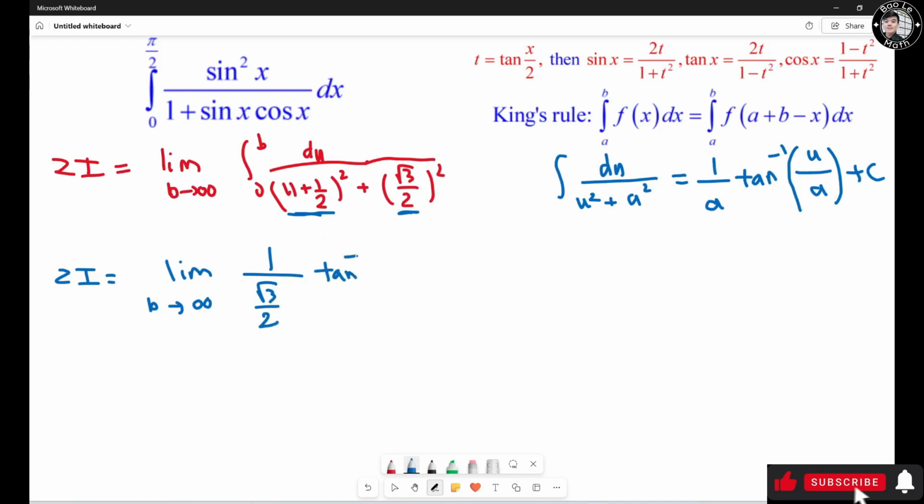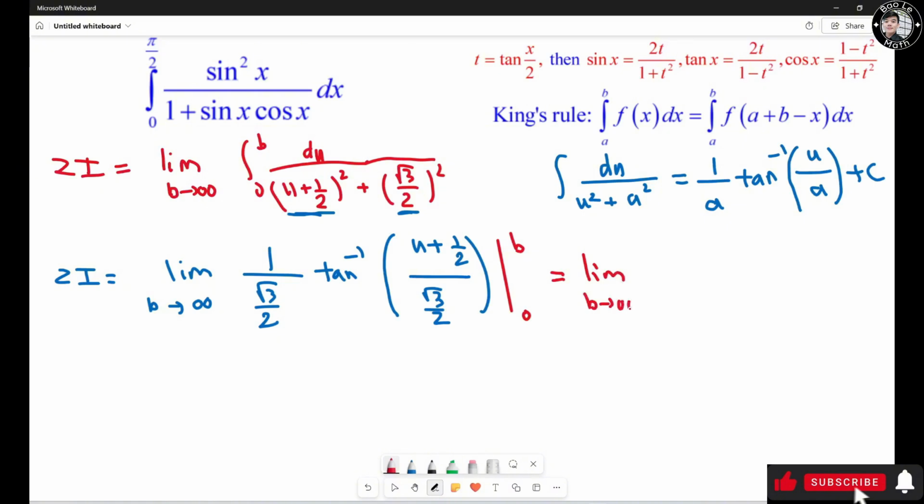tangent inverse of u plus 1/2 over root 3 over 2. Then evaluate this from 0 to b. Now we substitute into this expression, so we have the limit as b approaches infinity.